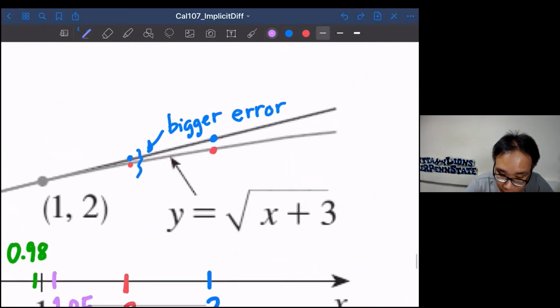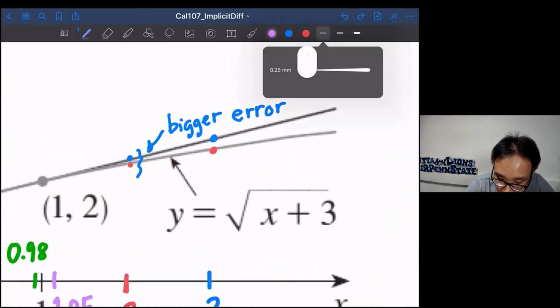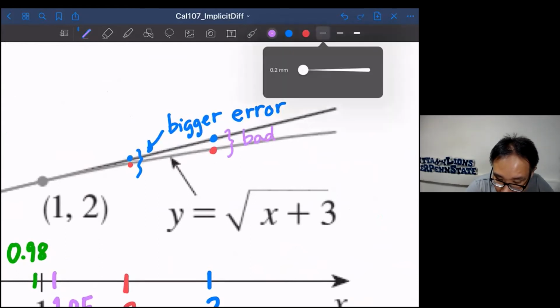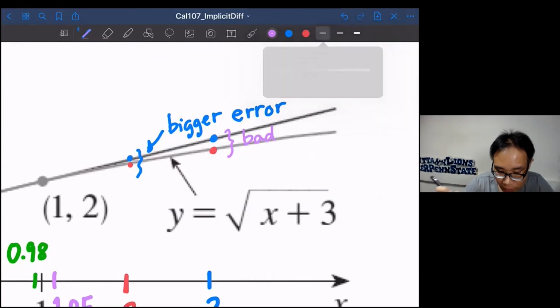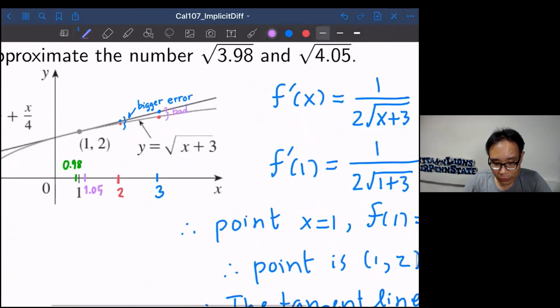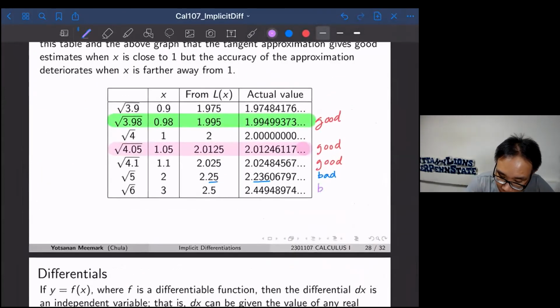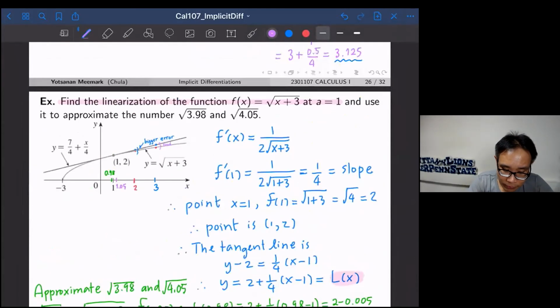Let me do small like this, and this one I'm gonna say bad. Okay, so in this case, you see that for these two, it's gonna be bad when you have x far away from 1.